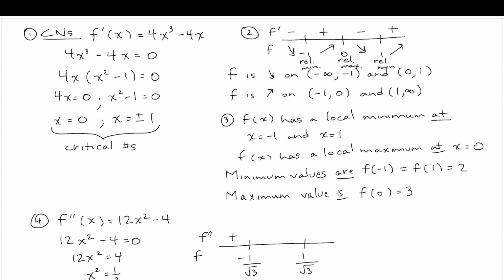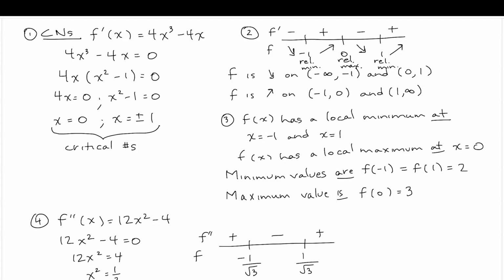In between negative 1 over root 3 and positive 1 over root 3 is one of our favorites, x equals 0. That's always fun to plug in because it simplifies so easily. So in this case, f double prime of 0 is negative 4. So that's negative. Again, I don't really care about the number, just the sign. And then when I plug an x value bigger than 1 over root 3, I get, once again, a positive value on the second derivative.